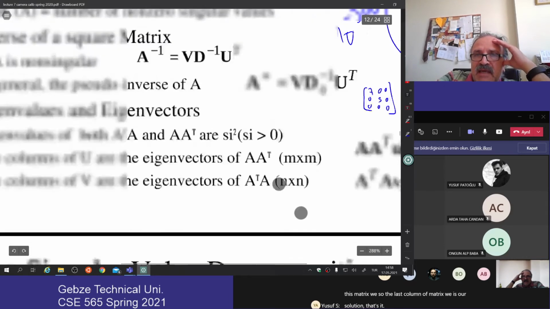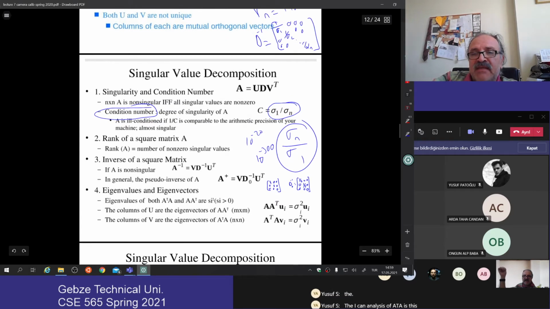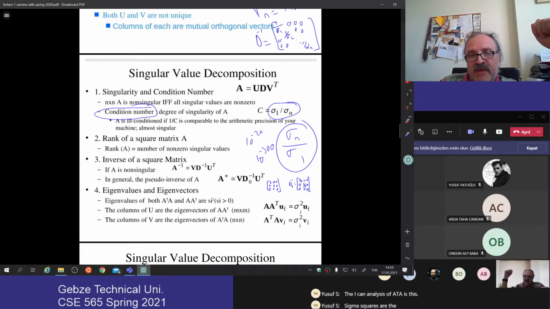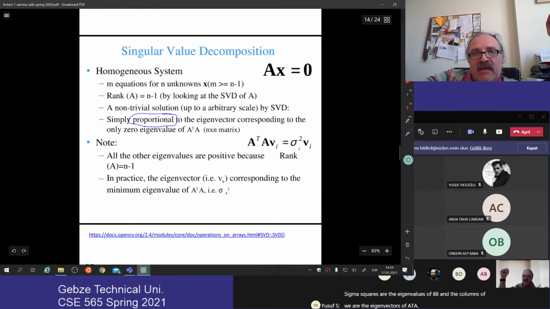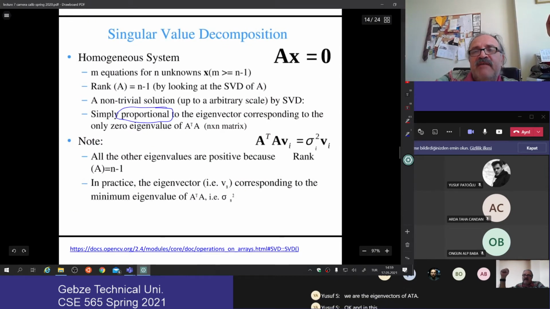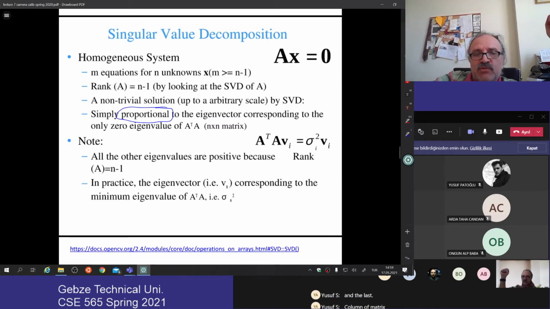The eigen analysis of A^T A is this. Sigma squares are the eigenvalues of A^T A, and the columns of V are the eigenvectors of A^T A. In this case, if I have a system like that, take the singular value decomposition of A, and the last column of matrix V is our solution.